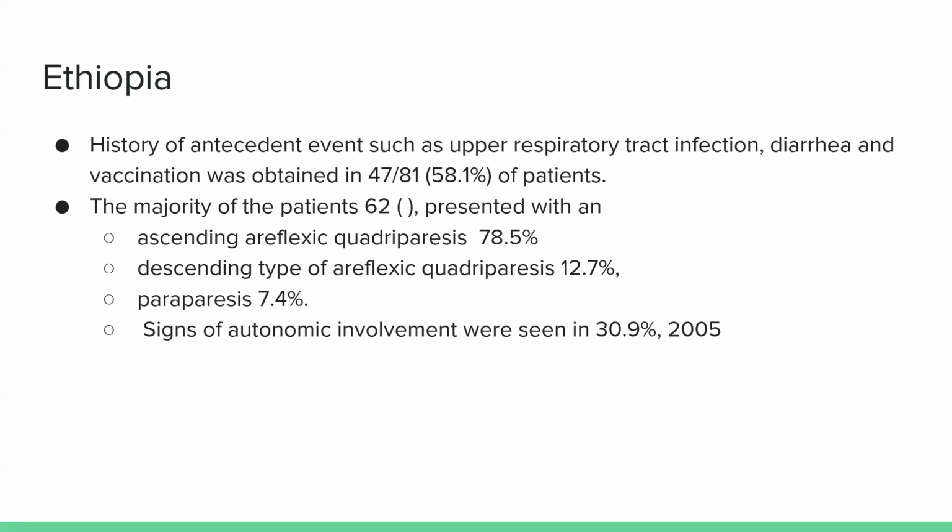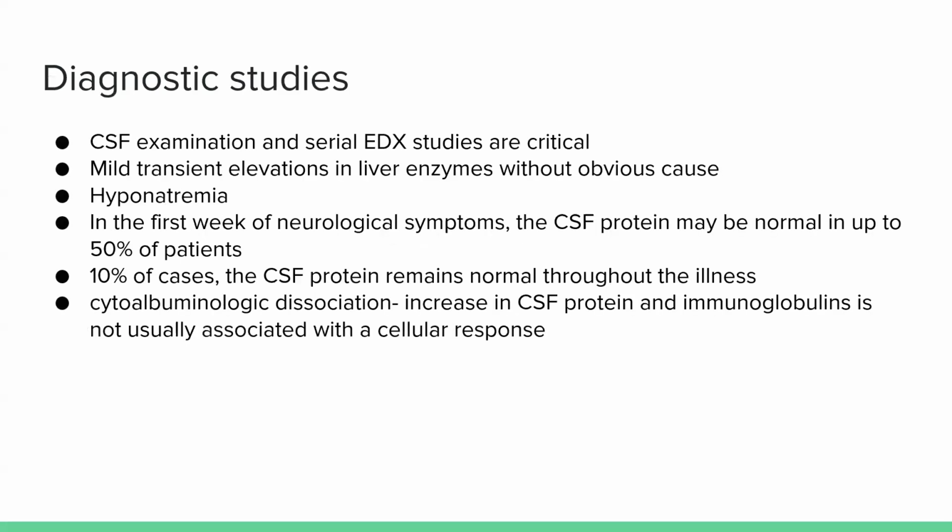The numbers are comparable. About 60% of them will have some sort of preceding event, like respiratory tract infection, diarrhea, or vaccination. The majority, 80%, have ascending quadriparesis, and 12% descending quadriparesis.